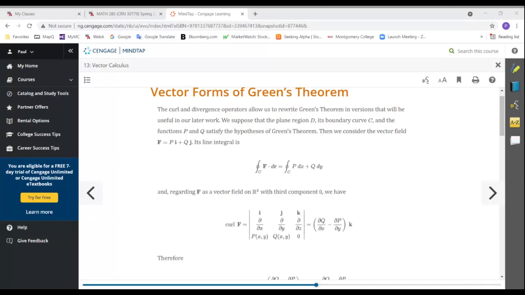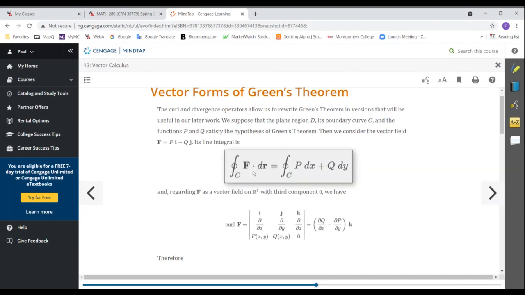There it is, Green's theorem, which is really the sum of two line integrals, one with respect to x and one with respect to y.